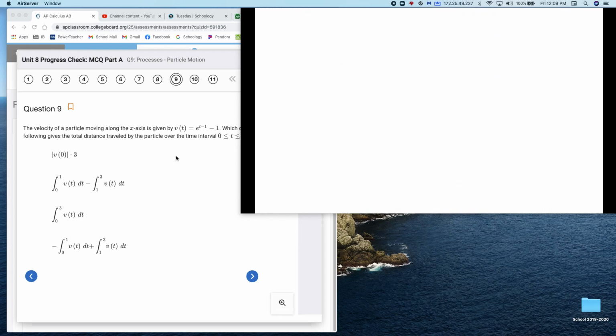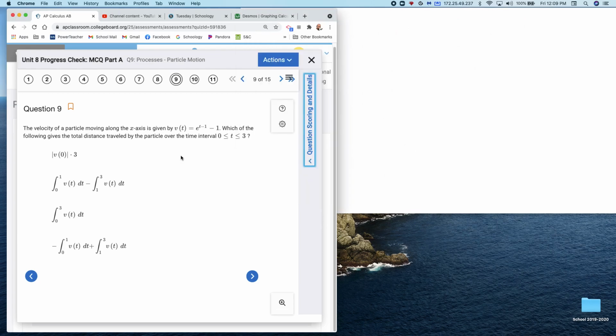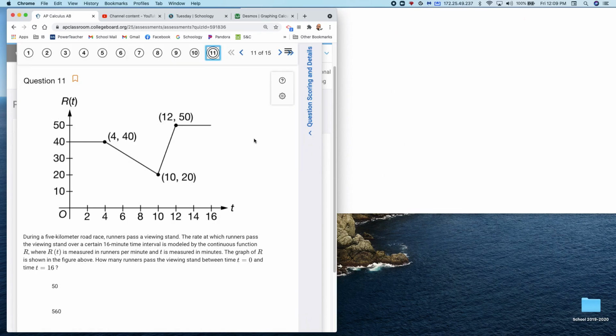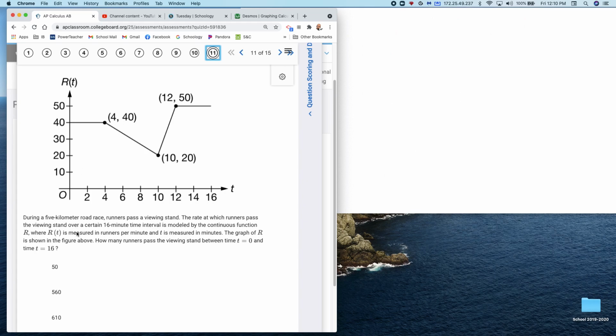I think the next one was number 11. I think I got 11, 12, and 13 to do. So number 11. So we've got this graph here. Let's figure out what's going on with this. You've got a 5-kilometer road race. The rate a runner passes a viewing stand every 16 minutes is modeled by this.